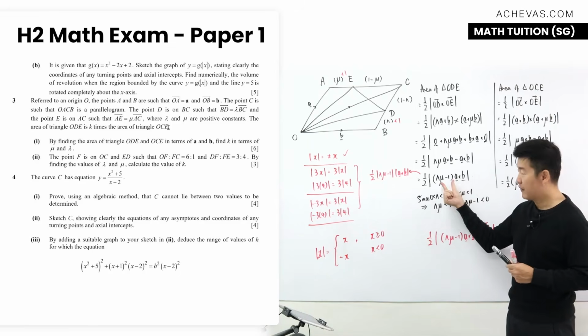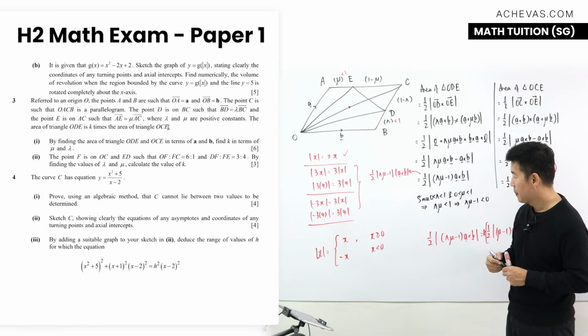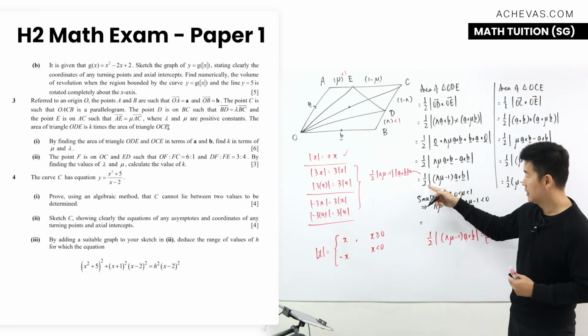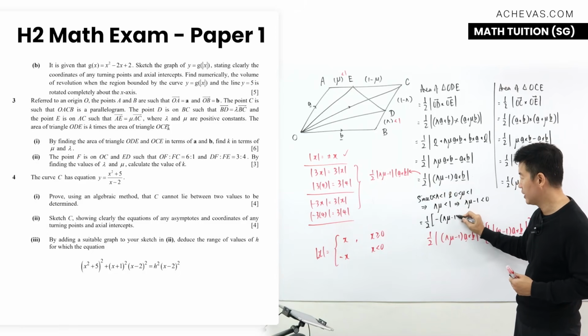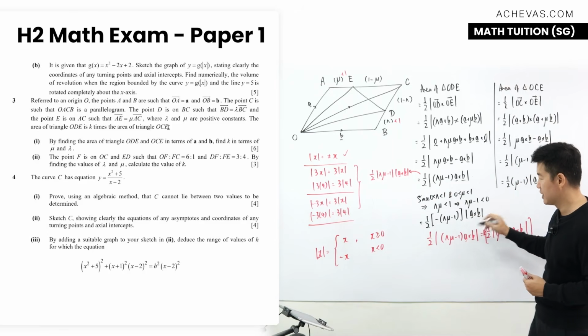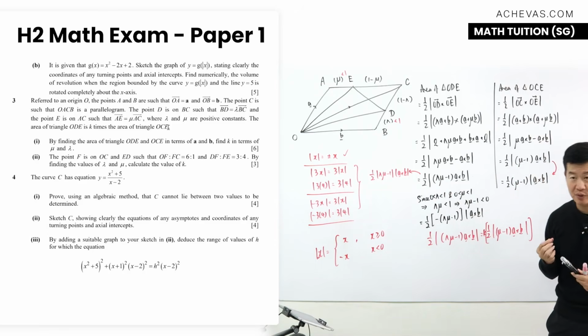So we verify that it is a negative number. So this is going to be equal to half of minus (lambda mu minus 1), then modulus of A cross B, because it is a negative number. You get what I'm trying to say?